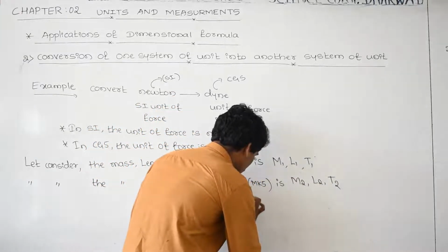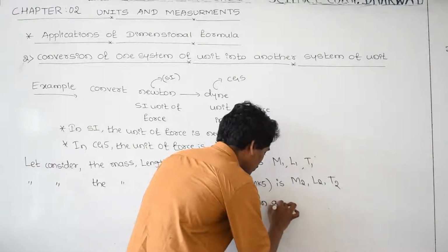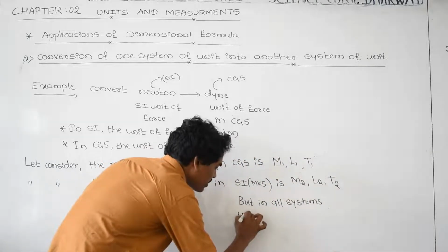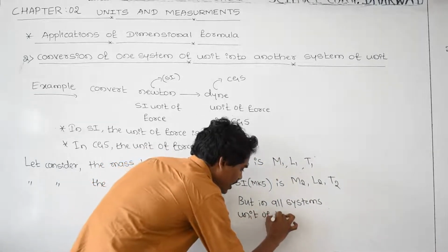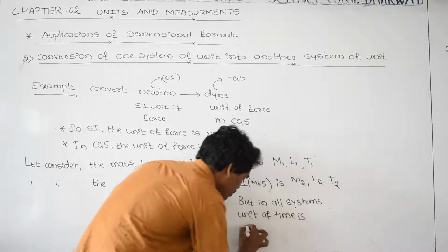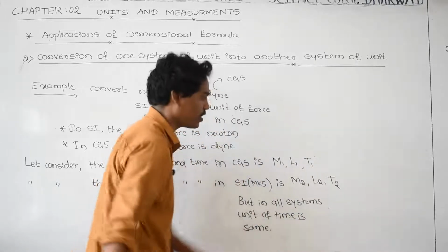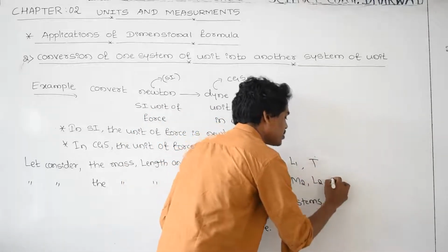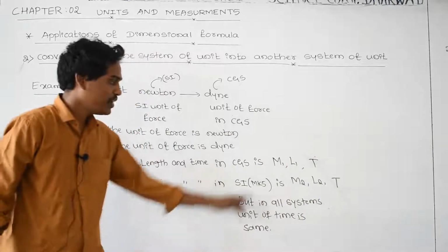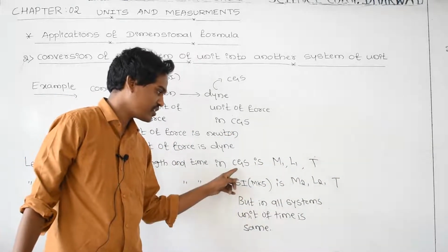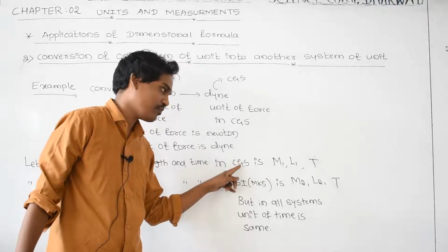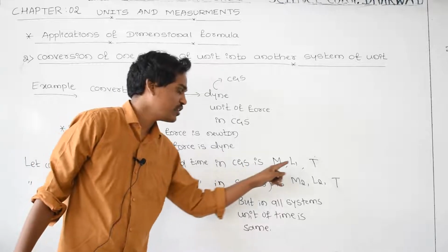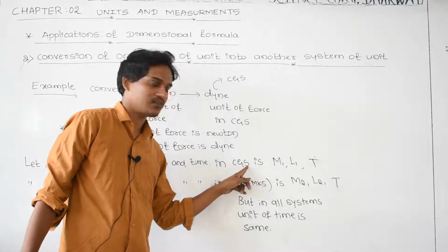But in all systems, the unit of time is the same. Therefore, I am not taking T1 and T2; I am taking just capital T. The unit of mass in CGS is gram, the unit of length in CGS is centimeter, and the unit of time in CGS is second.